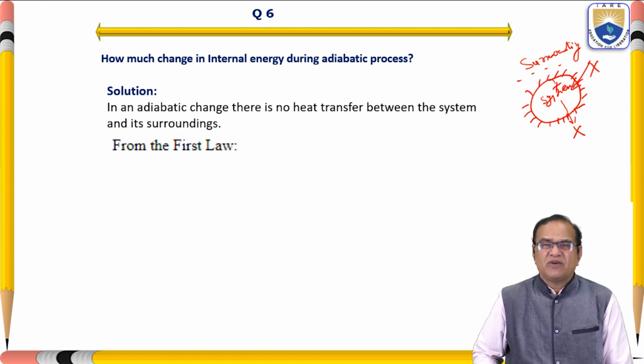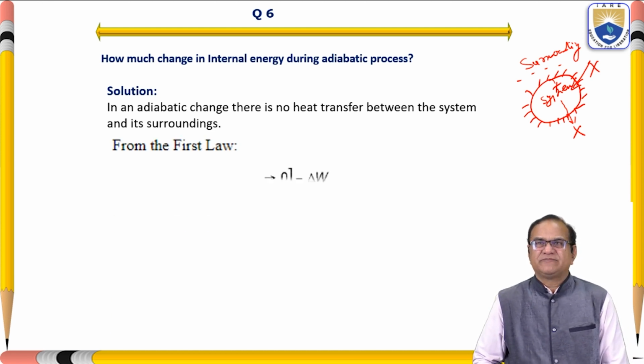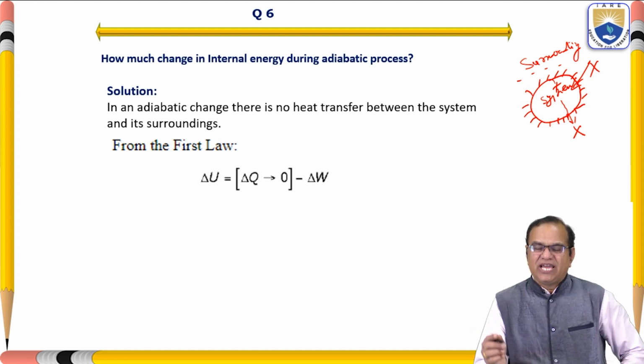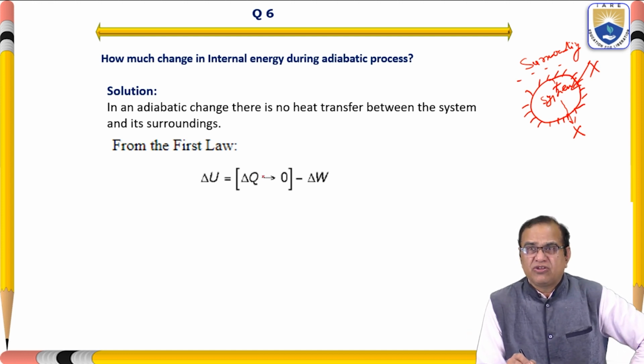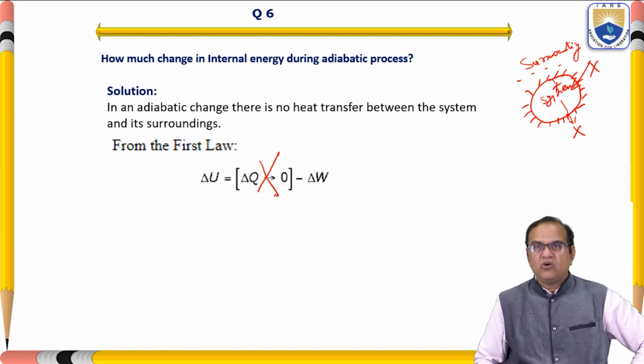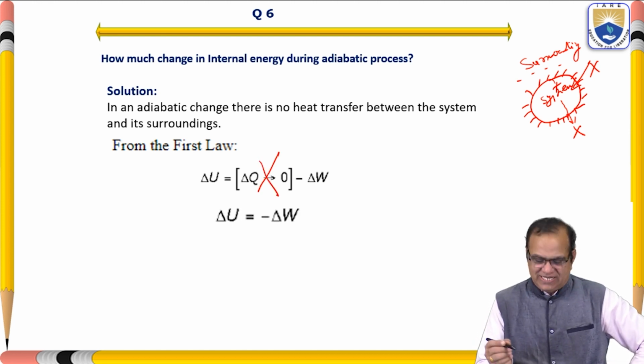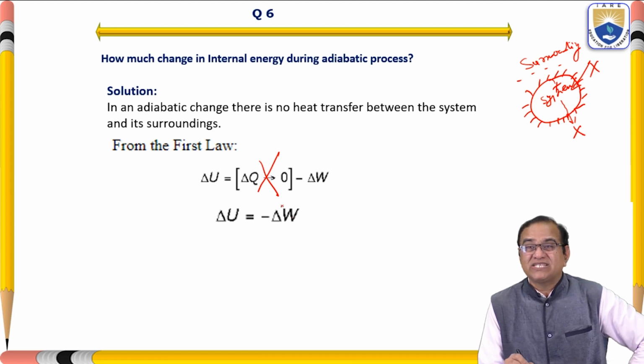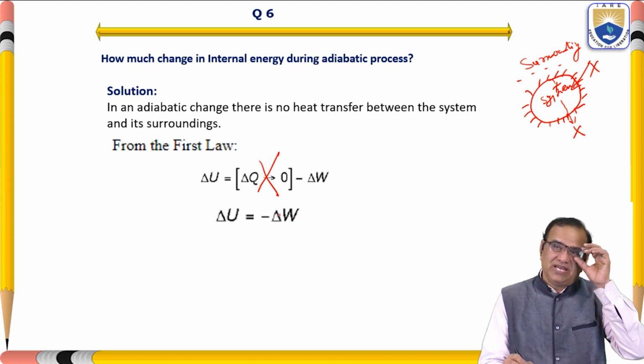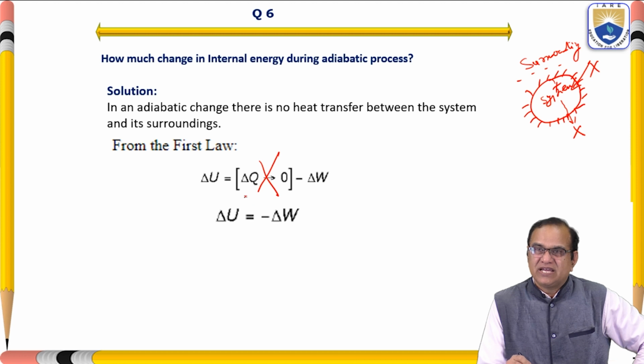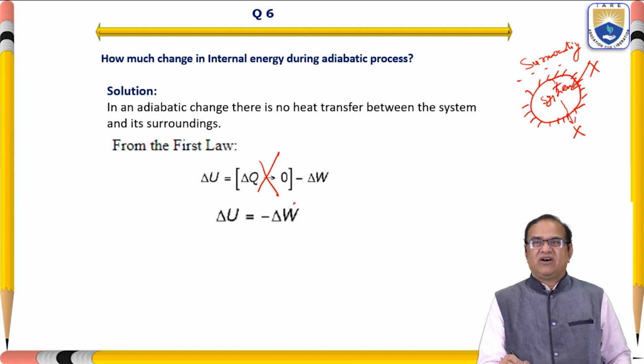From the first law of thermodynamics, delta U is equal to delta Q minus delta W, and this Q is 0. So we can see that delta U is equal to minus W. So in the adiabatic process, the change in internal energy will be the negative of the work.